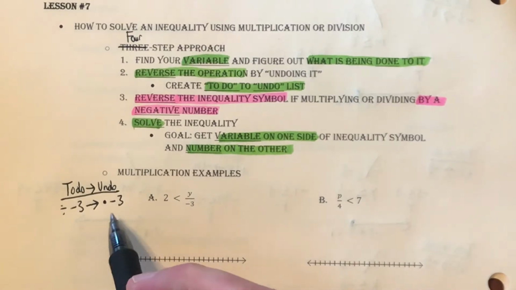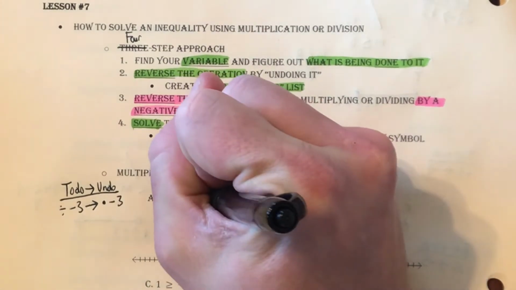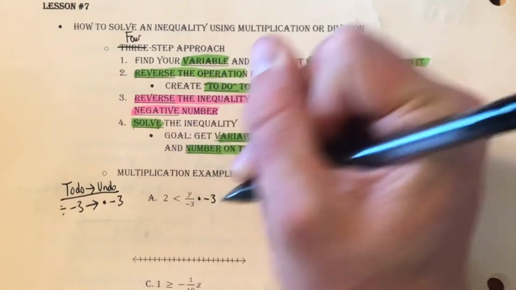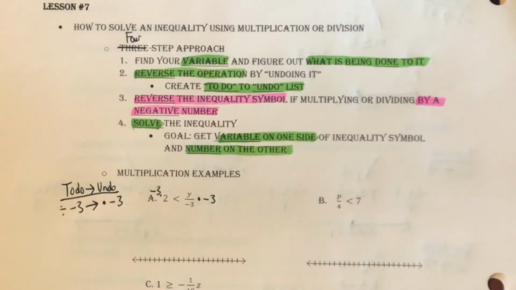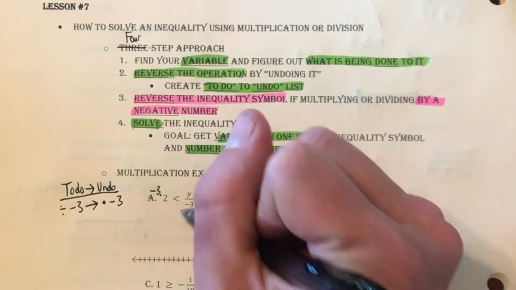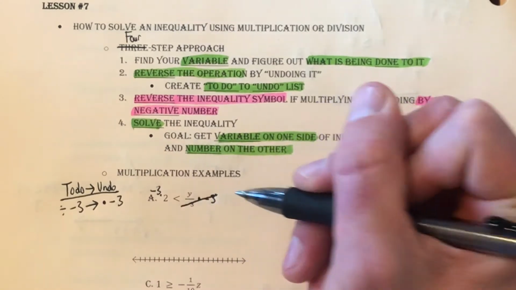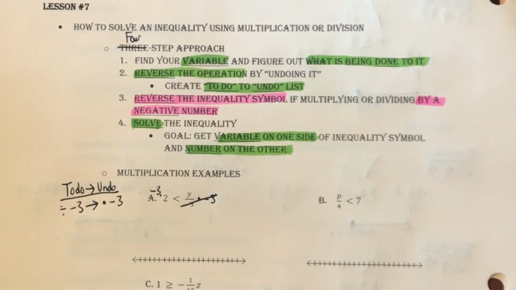I need to multiply by negative 3 on both sides of the inequality. So I'm going to go ahead and write that out. So I'm going to multiply this side by negative 3, and I'm going to multiply this side by negative 3. Now, when I multiply this side, because it's also being divided by the same number, it's being multiplied by negative 3 and then divided by negative 3, that just causes these to cancel out, which is the exact same thing we saw happen when we did that in linear equations.